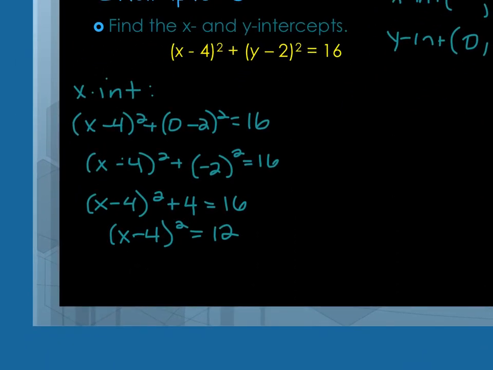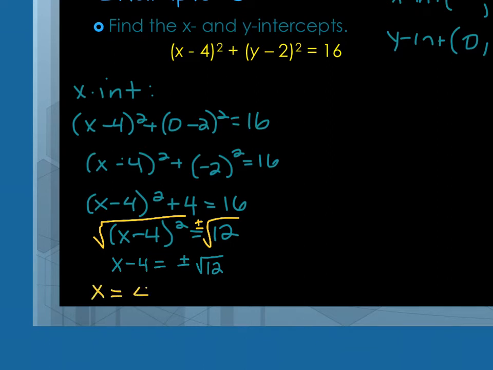And then I would need to square root both sides of my equation, but I have to remember to do what when I do that? You remember your even root property tells you plus or minus. So x minus 4 would equal plus and minus the square root of 12.